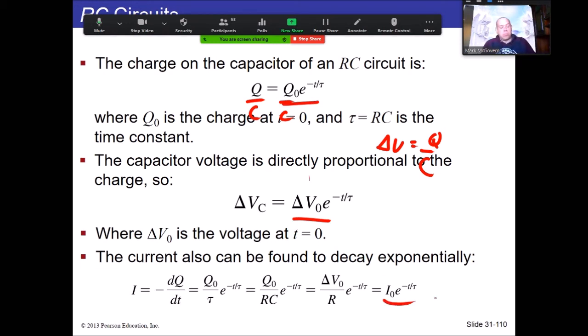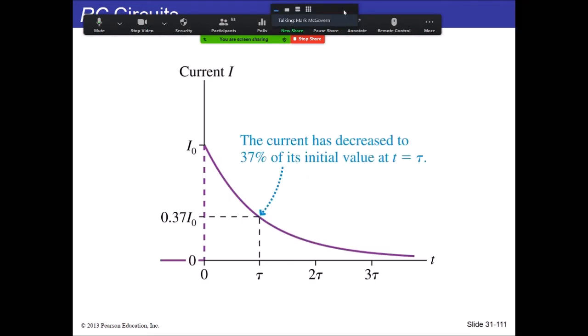And this will completely explain the behavior of the circuit here. Because the equations for the potential difference and the current are the same, the same thing we described about the charge is the same. So after one value of tau, the current reaches 37% of its initial value, the charge of the capacitor does, and the potential difference across each element does.